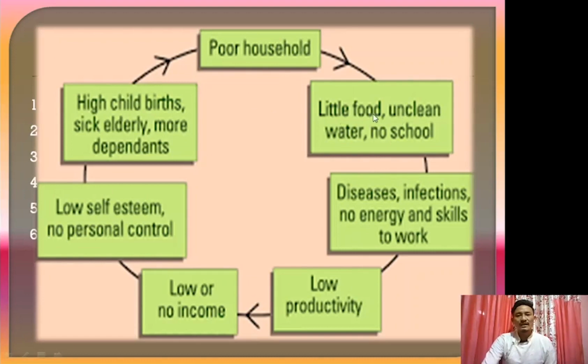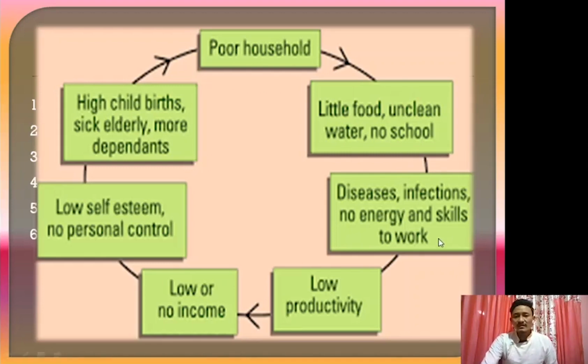At the same time, since they are poor, they won't have proper access to safe drinking water, and due to their condition they are unable to send their children to school, because they don't have enough money to pay the fees.